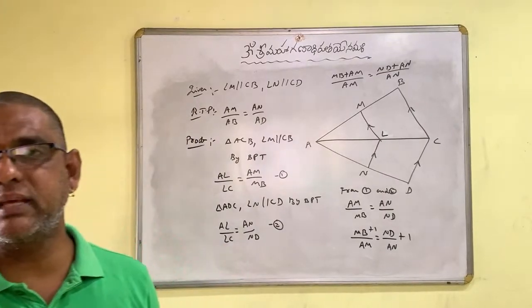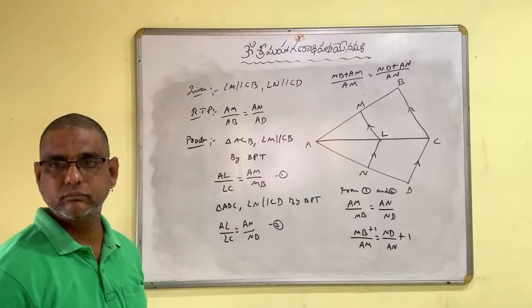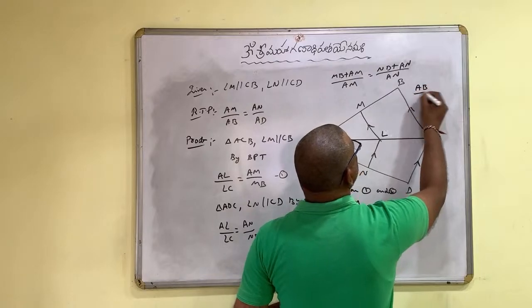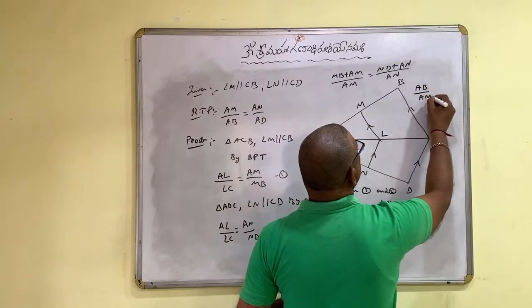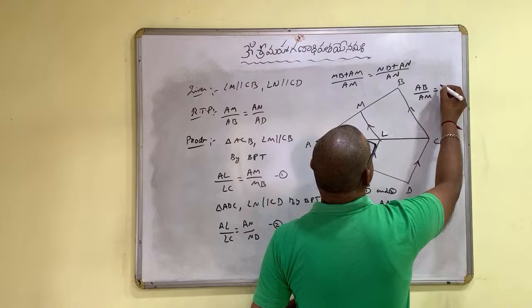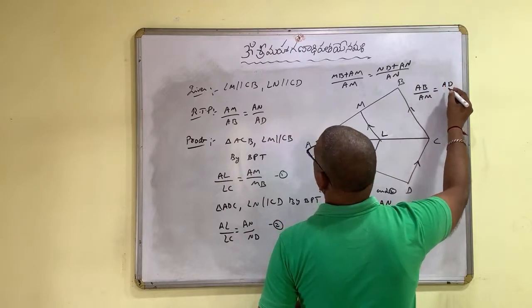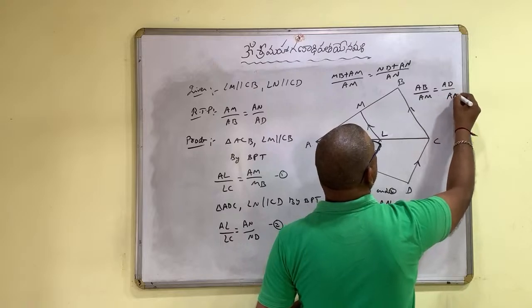What is MB plus AM? AB. Good. By AM, and ND plus AN is nothing but AD by AM.